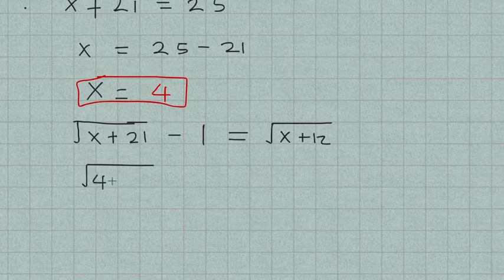The square root of 4 plus 21 minus 1 should be equal to the square root of 4 plus 12.